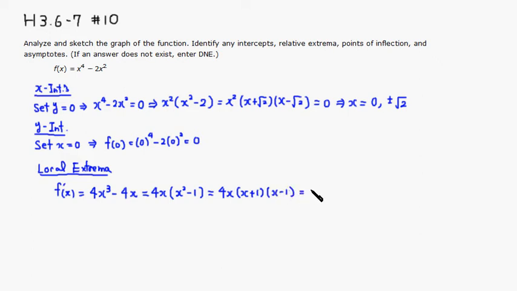Set that equal to 0. So you can see that critical numbers are x equals, from here, 0, and from here, negative 1 and positive 1, so plus or minus 1. So these are critical numbers.